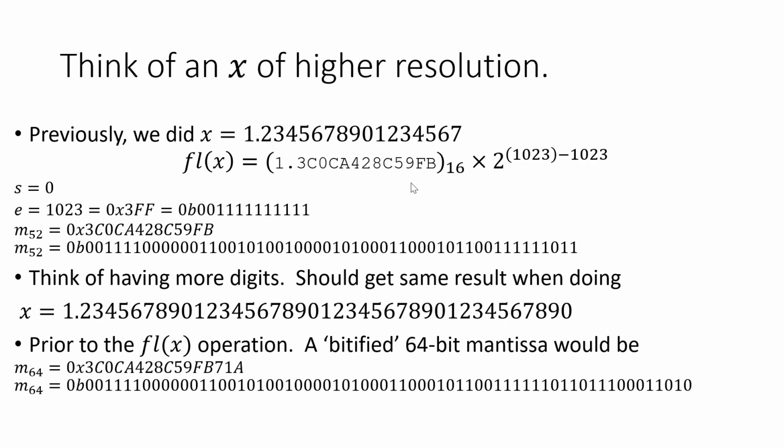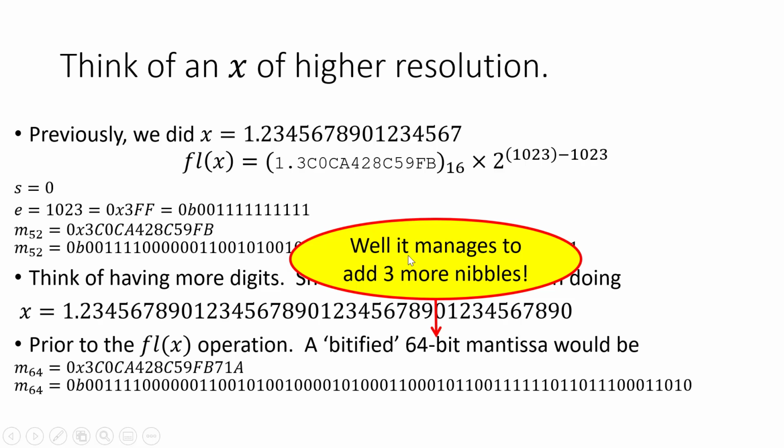want to do is add 3 more nibbles. I've got 52 bits here on the mantissa for double float, and I just thought, hey, I want to add 3 more nibbles. So I'm going to look at taking this value and giving a 64-bit mantissa representation of that, and that's what I did.